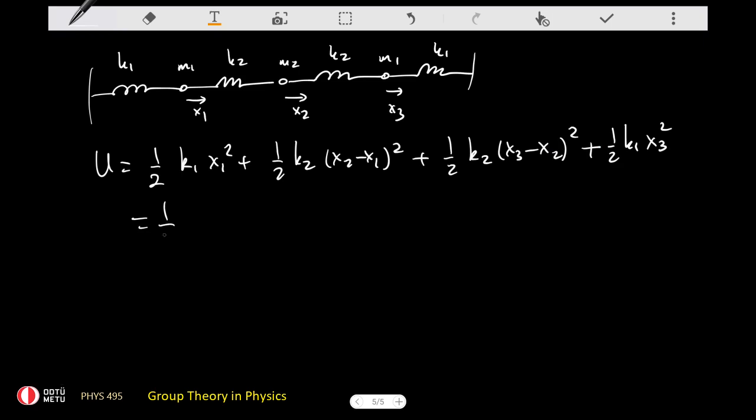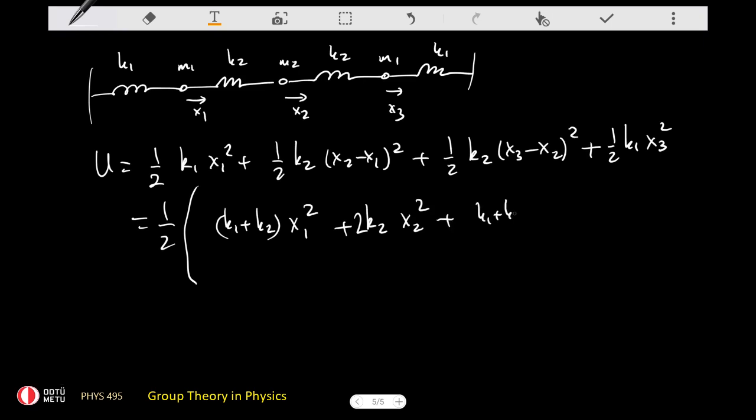So you can see that this is 1/2. Let me just use a common 1/2 in here to make things simpler. So I'm going to get (K1 plus K2) x1 squared plus 2K2 x2 squared plus (K1 plus K2) x3 squared.